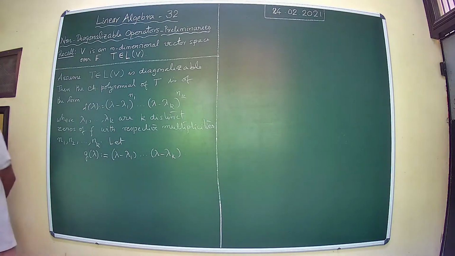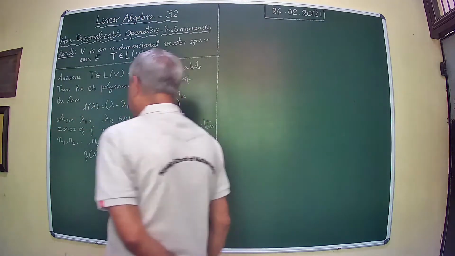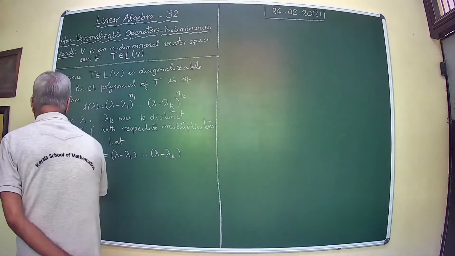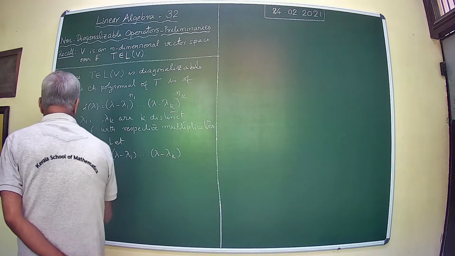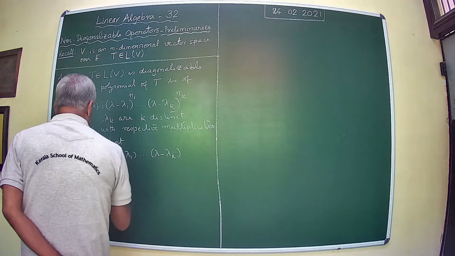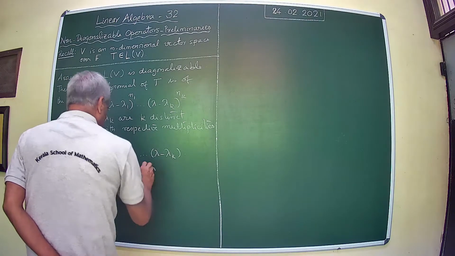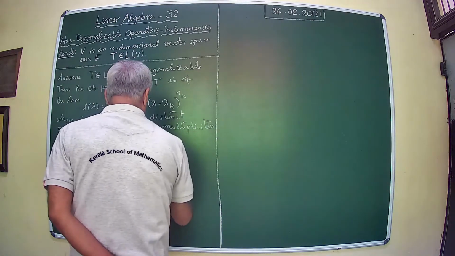Then we found that if T is diagonalizable, then f of T equal to 0.